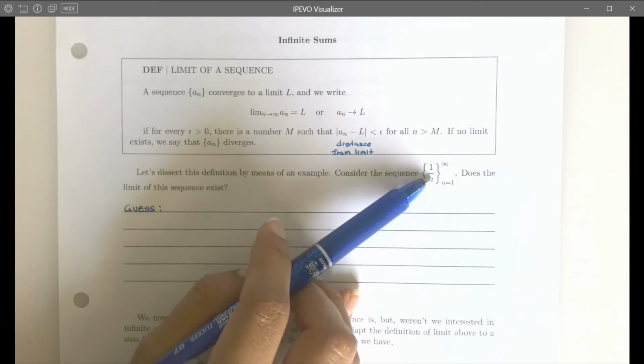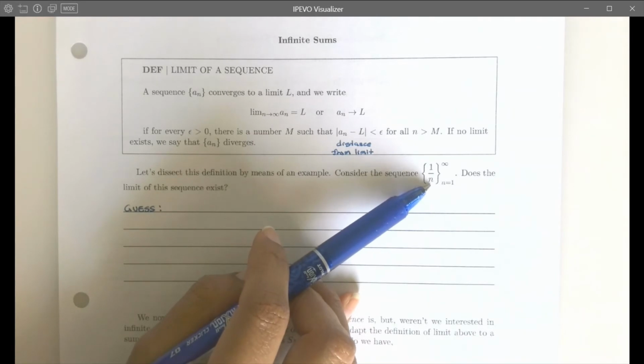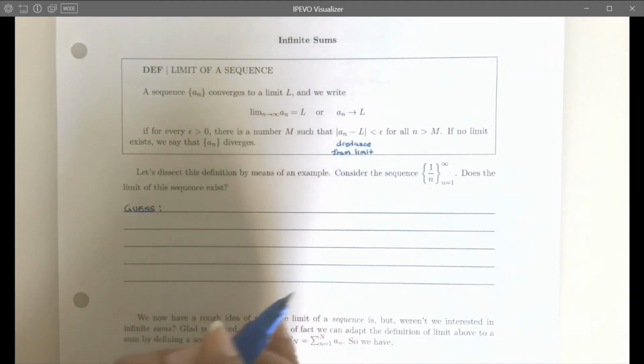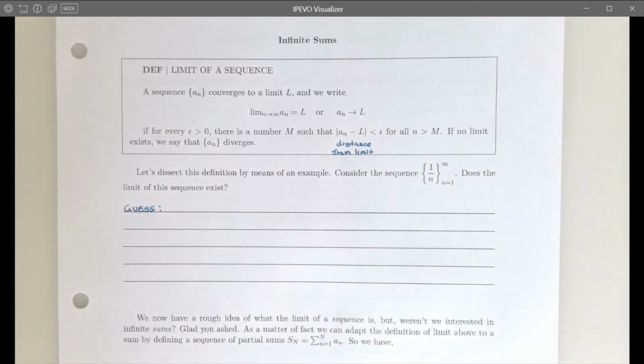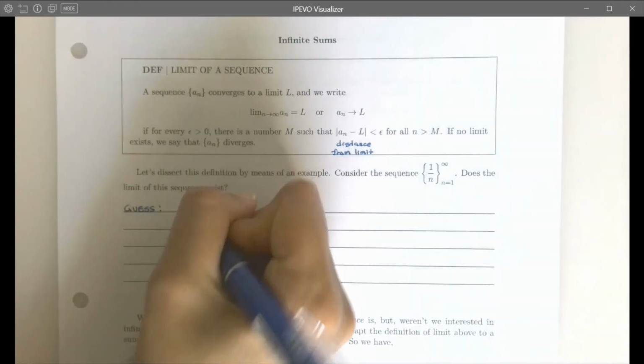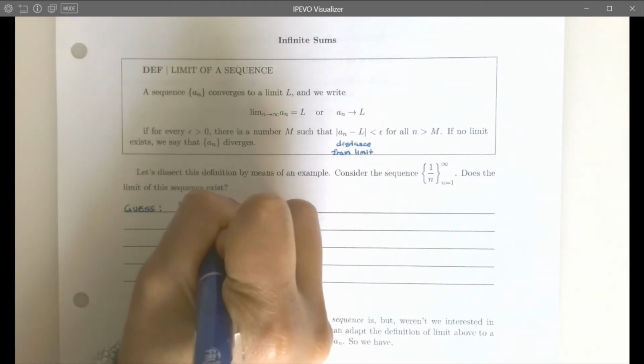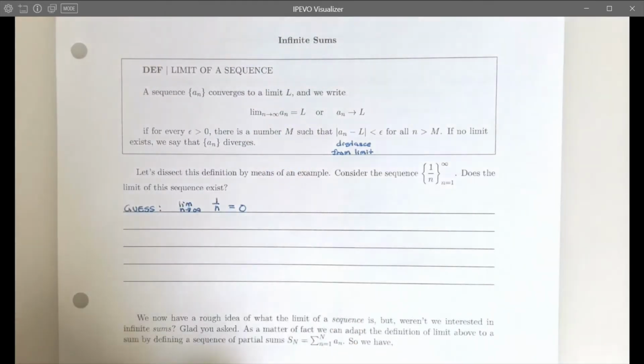Like if I plug in 1 over 100, I get 0.001. And if I do 1 over 1000, then I have an extra 0 in the decimal places, so it'll get closer and closer to 0. So my guess is that the limit as n tends to infinity of 1 over n is 0.